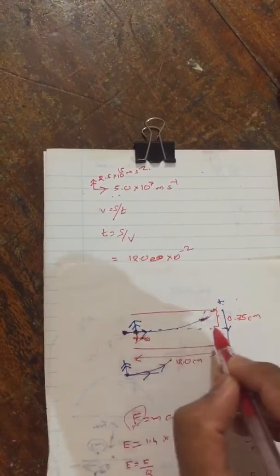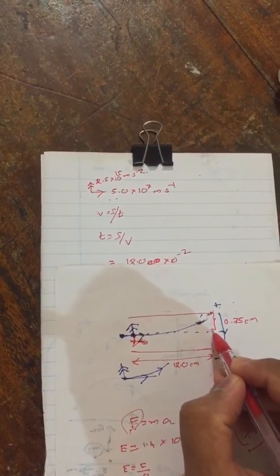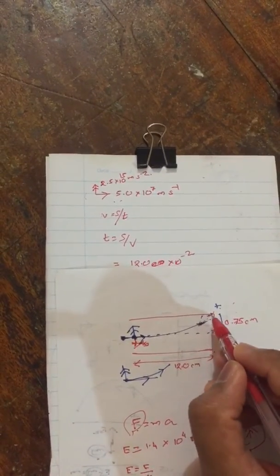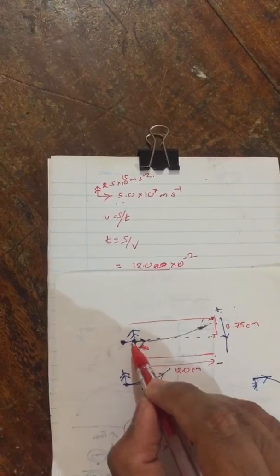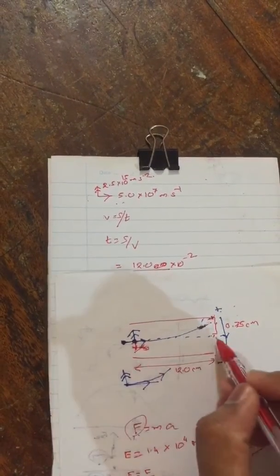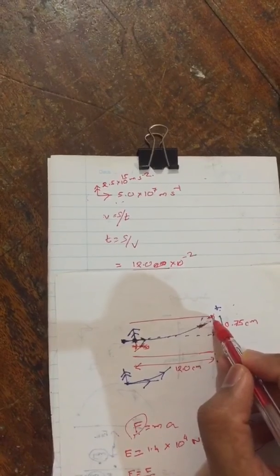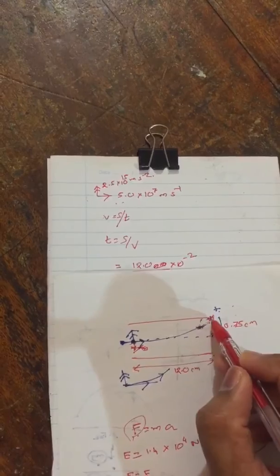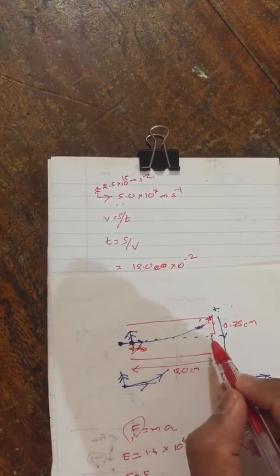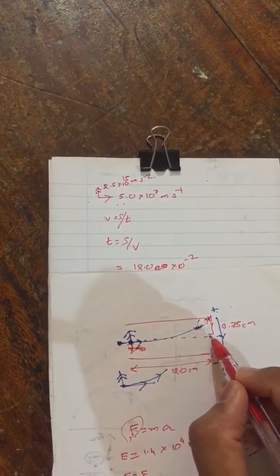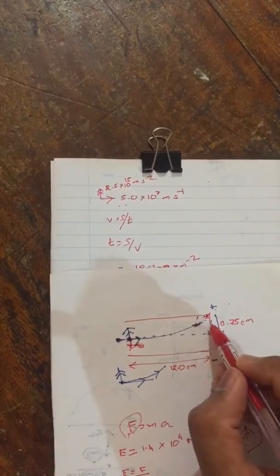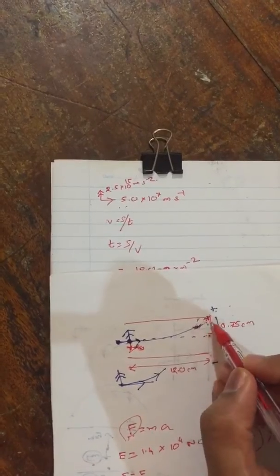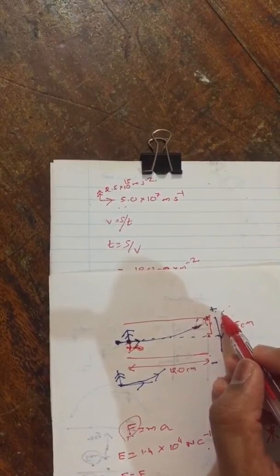When the electron comes here, where would it be vertically? If the vertical distance traveled by the electron when it reaches here is equal to 0.75, that means it will hit just at the end. If it is less than 0.75, that means it is still in mid-air, and that means it will emerge from the plates.